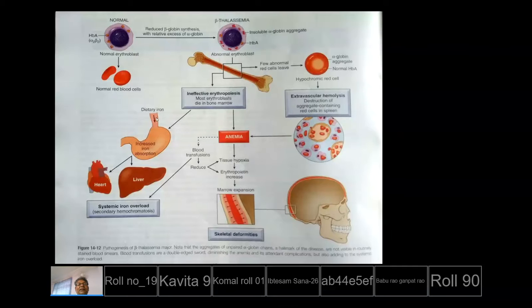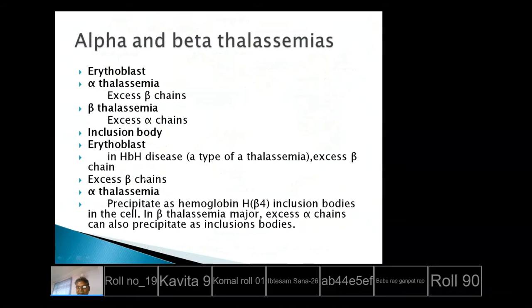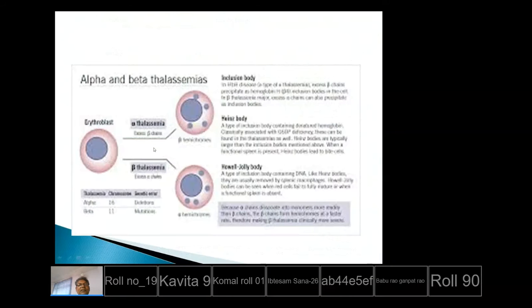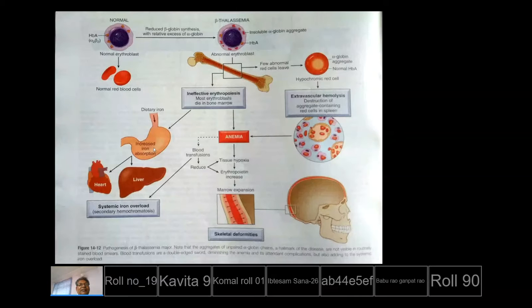When iron level is decreased in the circulation, there is increased absorption due to hemolysis and repeated transfusion. And there is more absorption of iron from the gut, that leads to hemochromatosis. And there is deposition of iron in various organs, liver, heart, etc., and endocrines, etc.